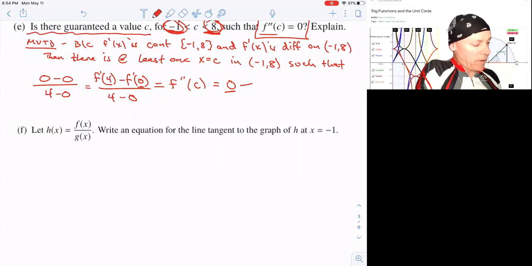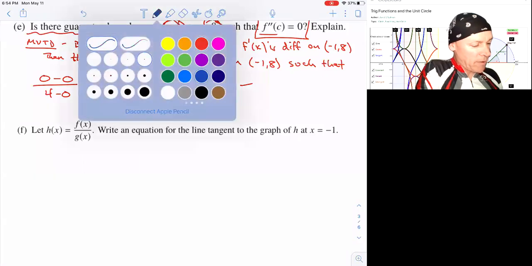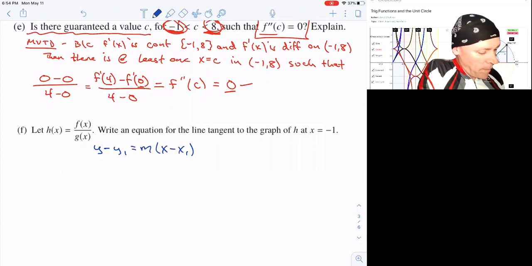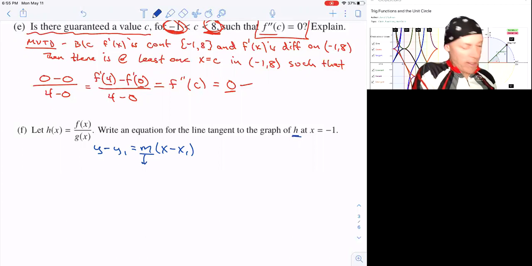We are definitely going to start with the point-slope form of a linear equation: y minus y1 is equal to m times the quantity x minus x1. The m is the slope of the tangent line to the graph of h, so that's going to be h prime at x equals -1.